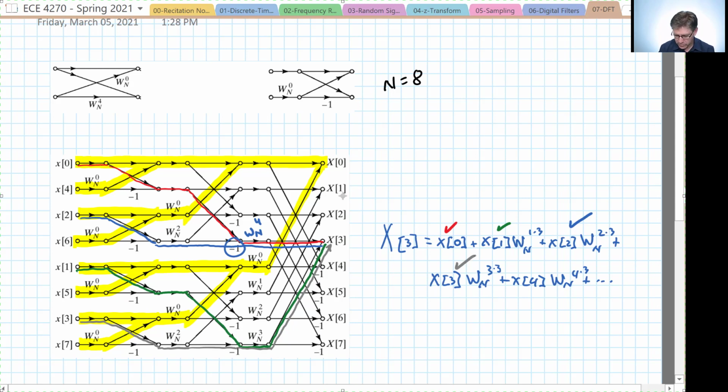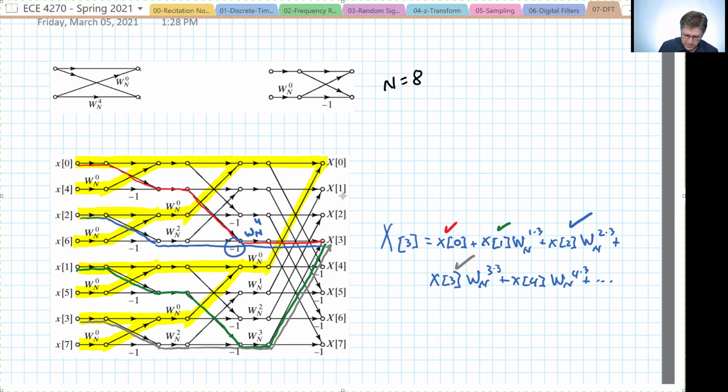Now eventually we're going to get to the point where we're looking for, say, 7 times 3, 21. And it's easy to see that as you follow this chain through, you're never going to add things up to get to a 21. But w sub 8 to the 21 is the same as w sub 8 to the 21 minus 16, so Wn to the 5. And so as you go through, this is just a clever refactoring that reduces the number of multiplies. So why does it reduce the number of multiplies?